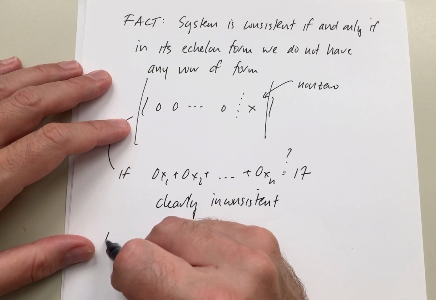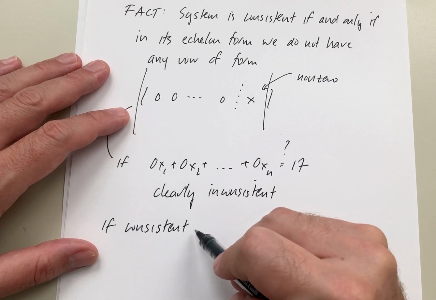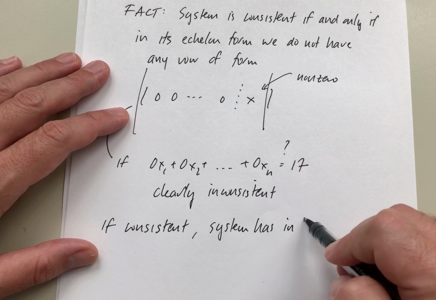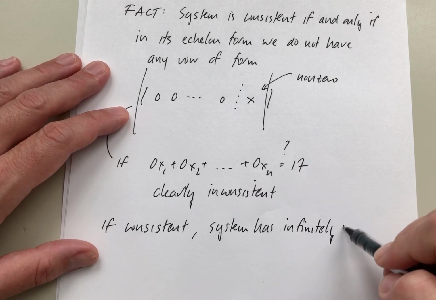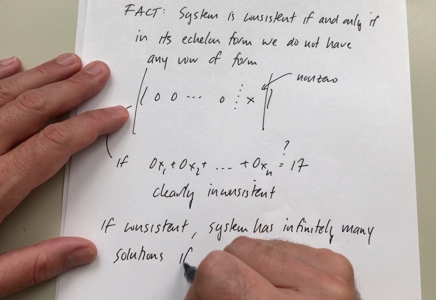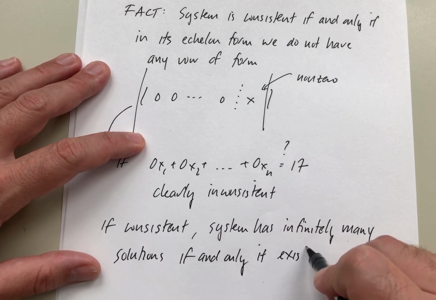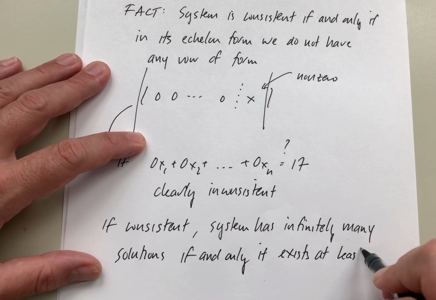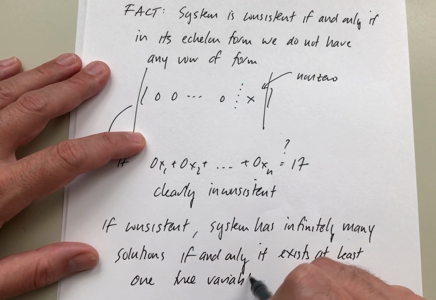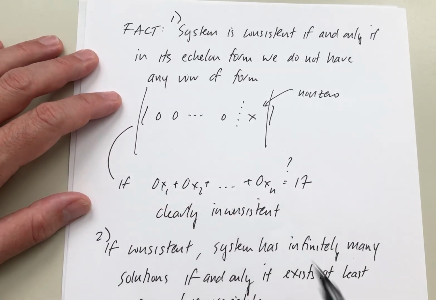And then if consistent, the other thing that we're noticing here is that if consistent, the system has infinitely many solutions if and only if there exists at least one what's called free variable. Okay, so there's 2 facts here. There's fact 1 and fact 2.